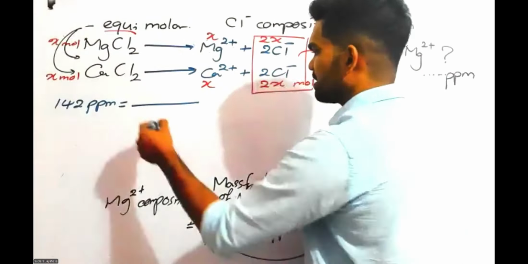So y is equal to 24 into 142 into 4, over 4 into 35.5. Now 35.5 and 142 are divisible, because 35.5 into 2 is 71, and 71 times 2 is 142. That means you have 4 on top and 4 at the bottom, and they get cancelled. So you will get 24. So the answer for the magnesium 2 plus composition is 24 parts per million.